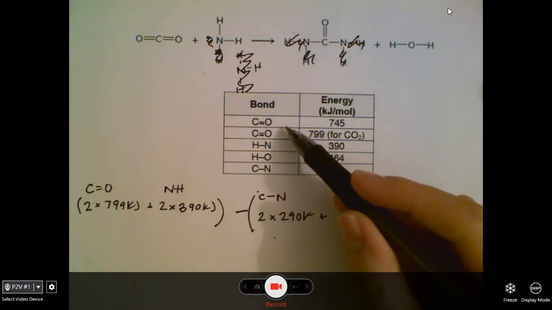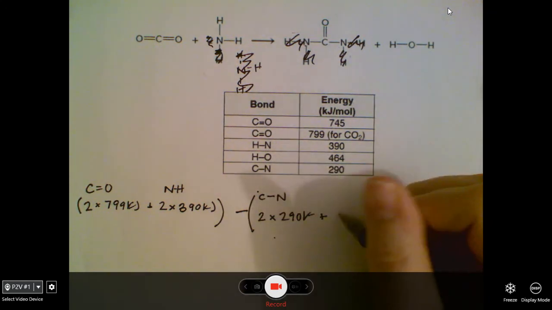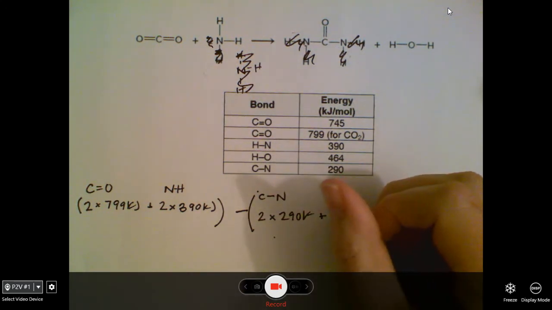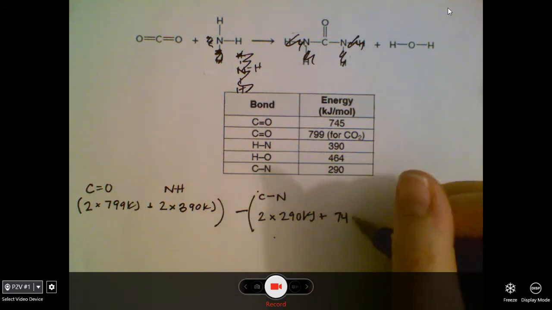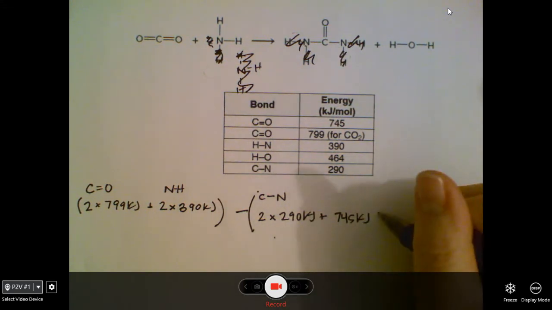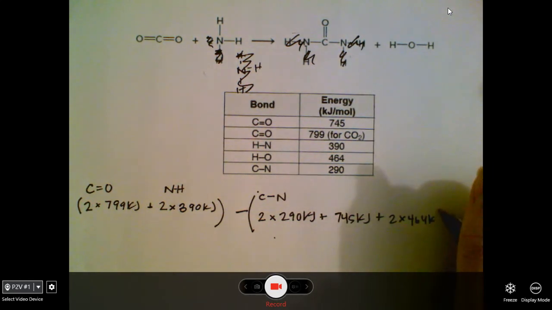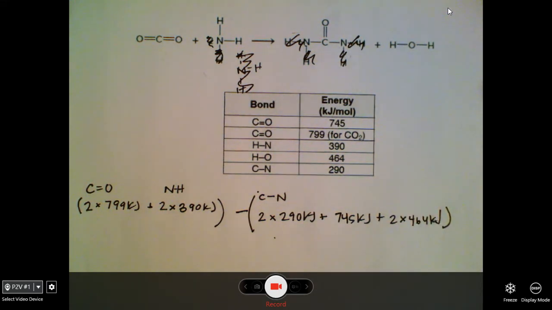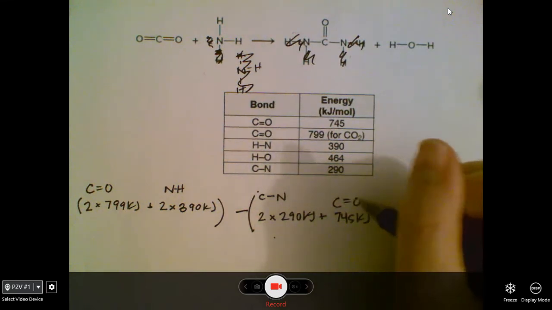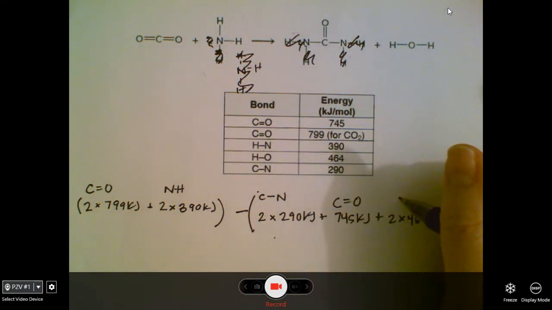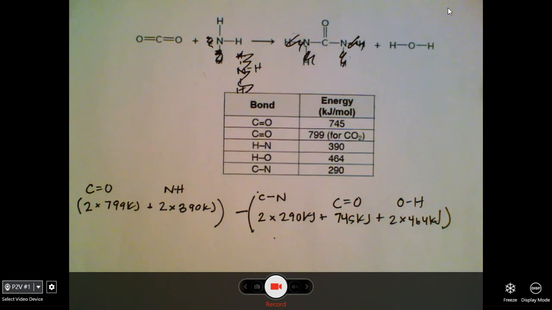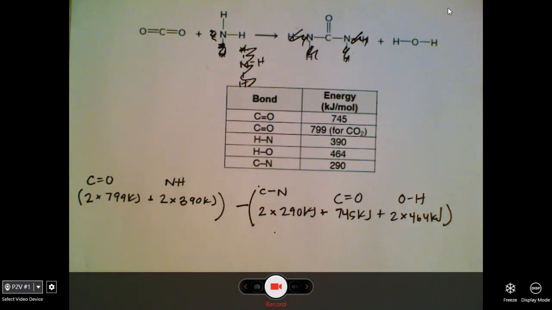So I have a C to O that's not in anything. Okay, and then I'm making 2 O to H bonds. Okay. So this is my C to O double bond that's not in CO2, and then I've got O to H as well. And again, this can be really tricky. It's easy to miss stuff, so you just have to be careful with what you're doing here.